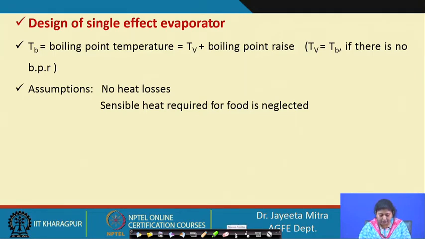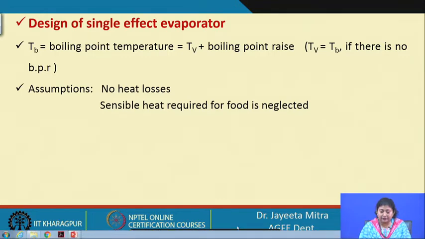Also, if the feed entering the effect is close to the saturation temperature or boiling point corresponding to the pressure inside the evaporator, we can consider the sensible heat requirement as negligible.